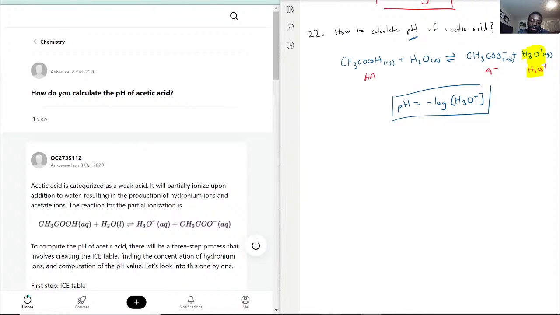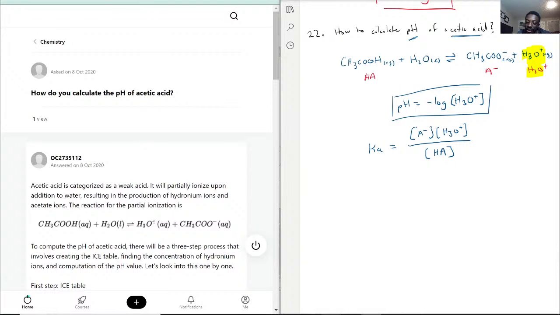So the way to find that, if they gave you a certain concentration of acetic acid, you couldn't tell right away, because the other value you need that's equally or even more important is finding that Ka value, because the full formula is that Ka, the dissociation constant for acetic acid, is equal to the concentration of the conjugate base times the concentration of the hydronium ions, divided by the concentration of the acid.